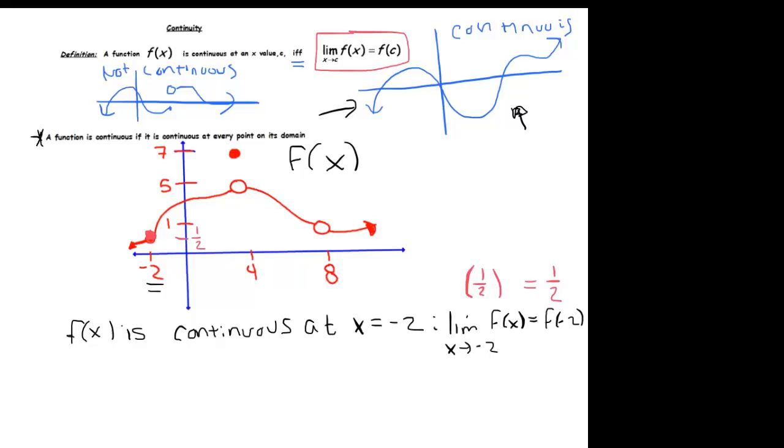f of x is not continuous, or discontinuous, at x equals 4. And the reason is because the limit as x goes to 4 of f of x is not equal to f of 4.